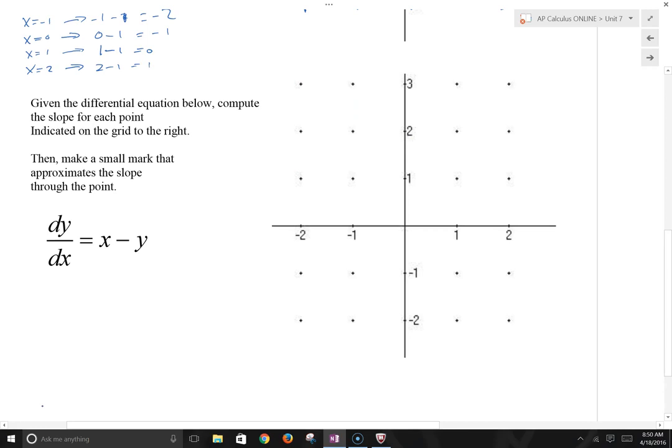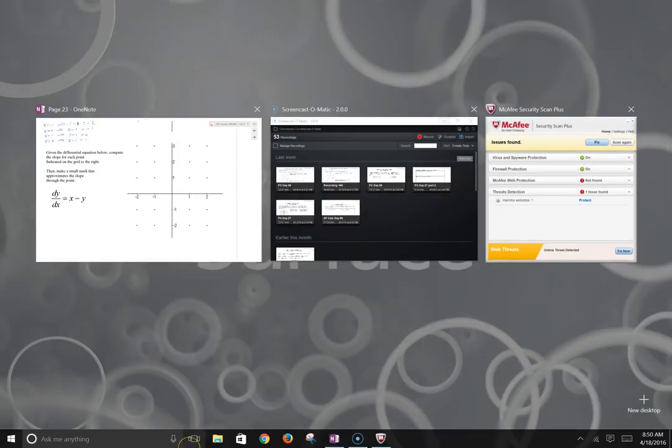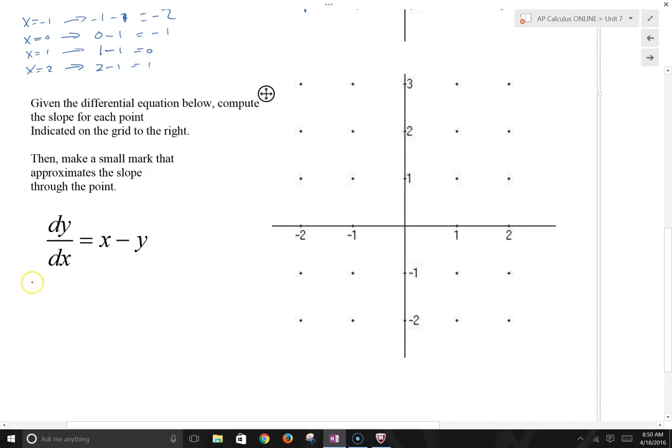Alright, so this one does have a y in it. So when we put in the point negative 2, 3, that's this one up here, we get negative 2 minus 3, which is negative 5. So that means this point, and then we go 1, 2, 3, 4, 5. We're aiming at this point down here.